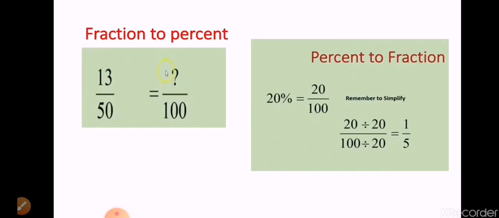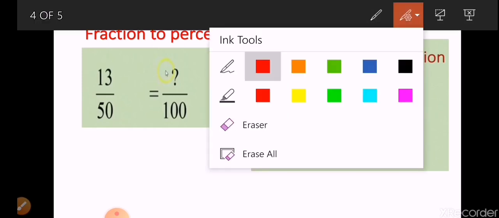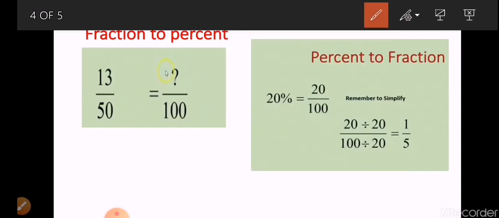Now the relation between the fraction and the percent. Okay, let's see. First, from the fraction to the percent. If I have a fraction 13 over 50, it means it's equal to how many from the 100? So I will do cross multiplication and find the number here. This will be the percent. Why do I call it percent? Because it's out of 100. Okay, do I have another way? Yes, I have the same way as the decimal.